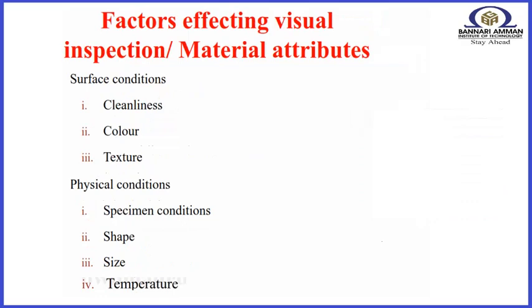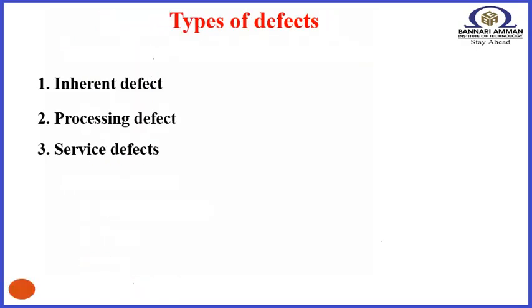Factors affecting visual inspection / material attributes. Surface conditions: cleanliness, color, texture. Physical conditions: specimen conditions, shape, size, and temperature.